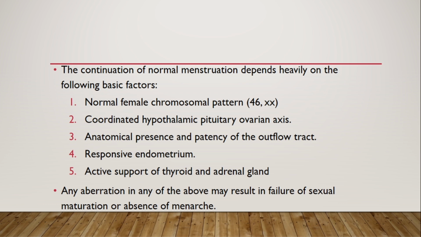The FSH acts on the ovary to produce estradiol, and the LH produces the progesterone. The estradiol stimulates the endometrium to grow, and the balanced action of estrogen with progesterone will cause menstruation to occur. And this is what we mean by coordinated hypothalamic pituitary ovarian axis. And in the presence of the outflow tract, menstruation will begin.